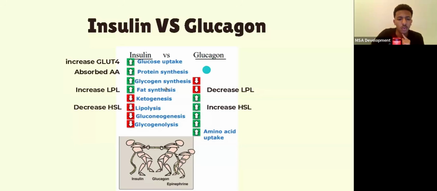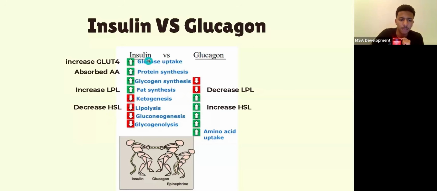And then glucagon decreases glycogen synthesis, or glycogenesis, because we don't have that much glucose in the first place. We're not storing now, we are releasing. And glucagon decreases fat synthesis because, again, we spoke about the LPL and HSL.